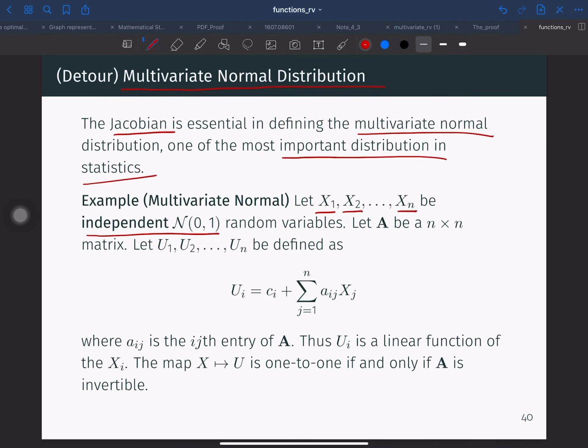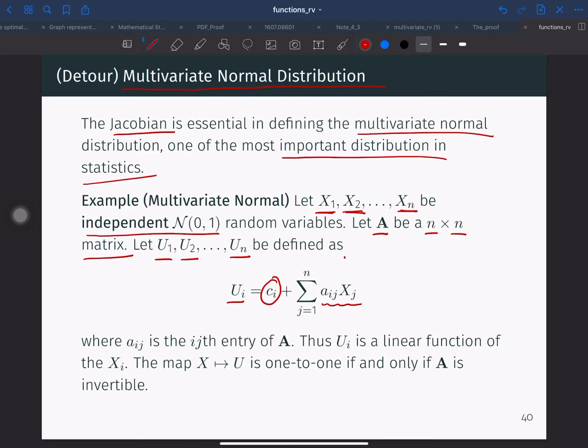So let's think about that then. We've handled this collection of standard normals, and now I let A be an n by n matrix. Now I define my collection of random variables u1, u2 up to un quite simply. Ui is some constant ci plus some linear combination of the xi.